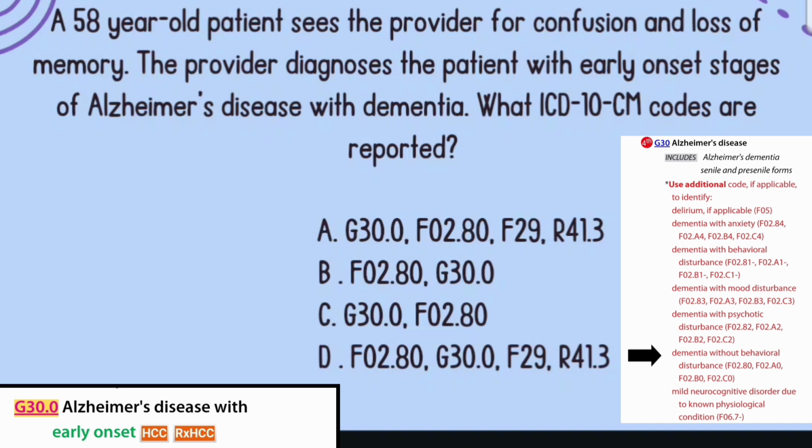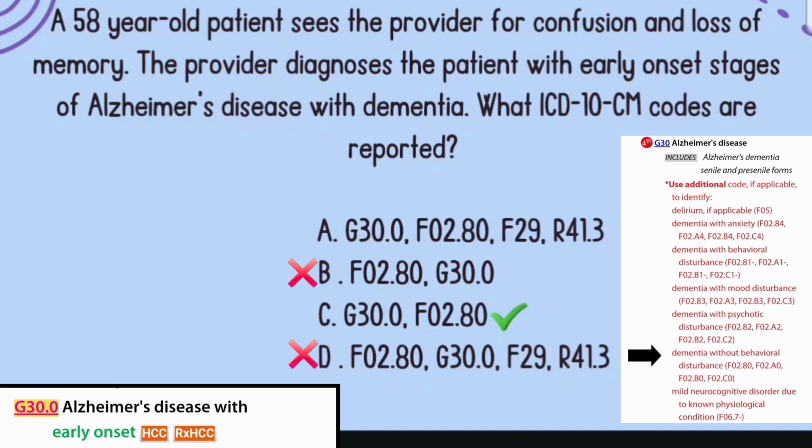First, we have to code G30.0 followed by F02.80. Therefore, we can eliminate option B and D which mention F02.80 as the first code. The right answer for this question will be option C, G30.0 followed by F02.80.